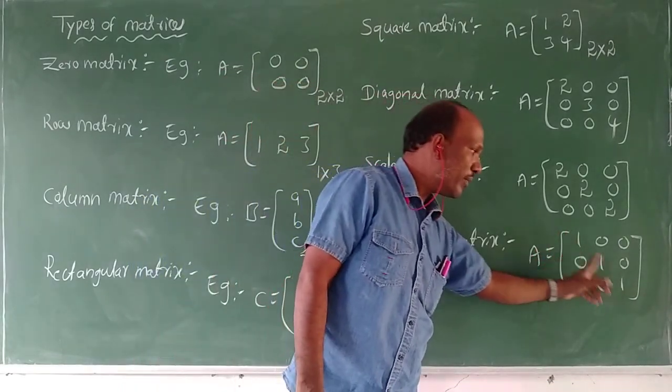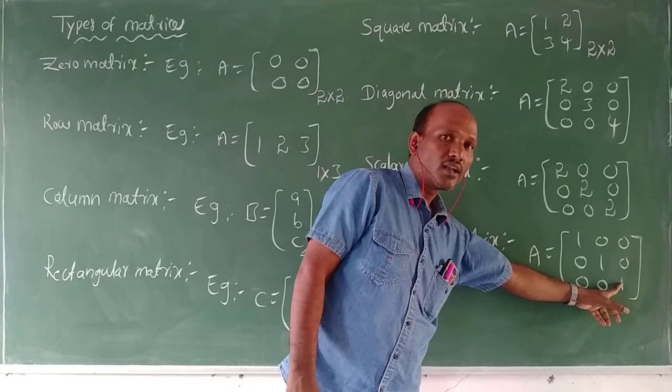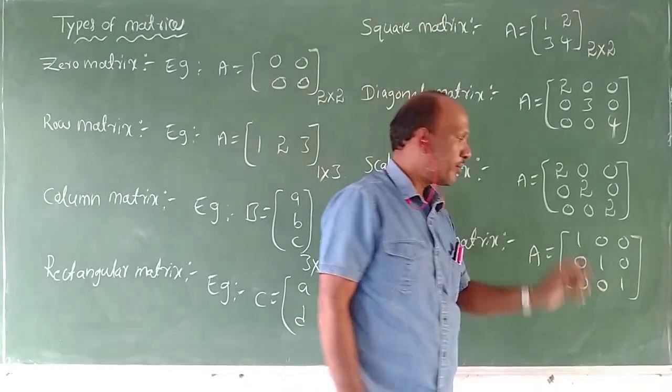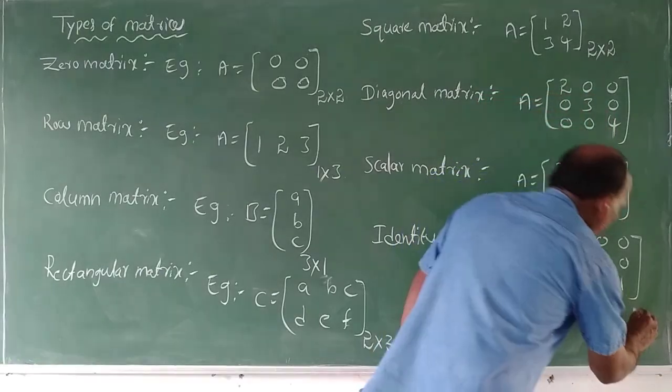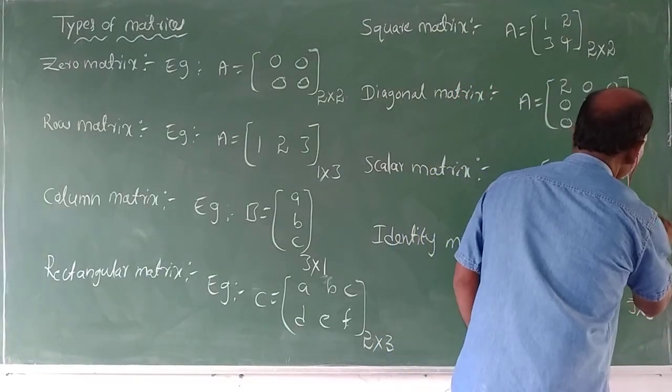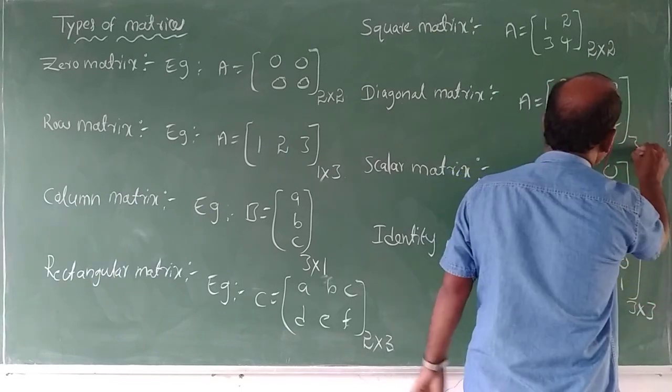All diagonal elements are equal to 1 or unity. Is called identity matrix. Capital E equal to 1 0 0, 0 1 0, 0 0 1. This matrix order is 3 by 3. This is also 3 by 3.